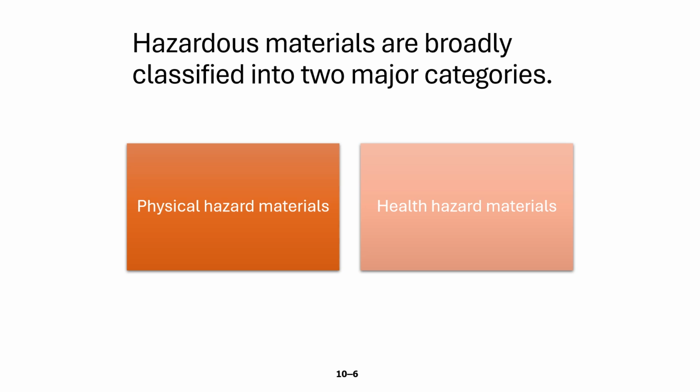Okay, this is the last slide for objective number 3. With hazardous materials, there are two major categories: one is the physical hazard of the material, and the second is the health hazard of the material. So you need to start figuring out which one applies where.